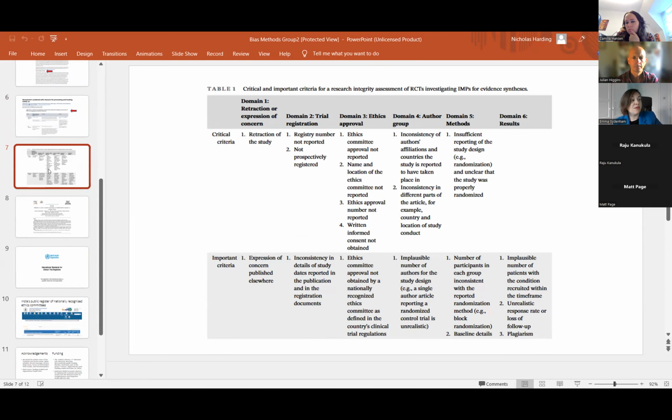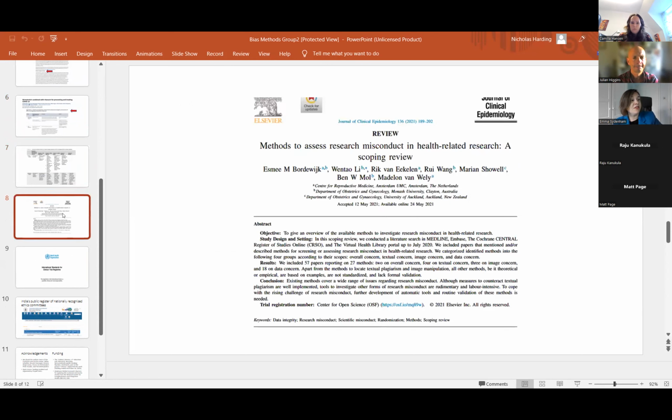And for those trials, I would suggest looking at a review of methods for examining the conduct of research. And in addition, I invite members of the research community to develop their own research integrity tool for their review.